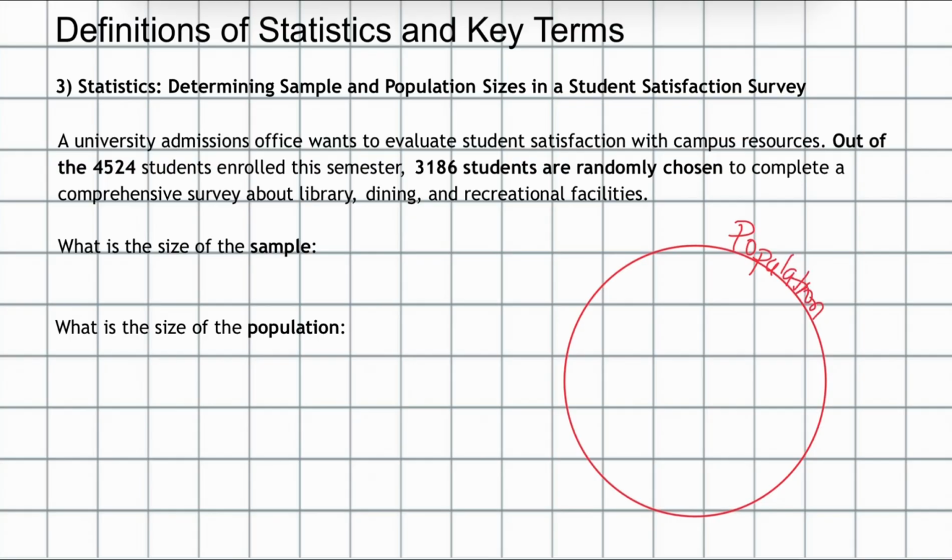So we're going to make a sample of the population. If we are talking about food, we can understand that food has different samples of it.